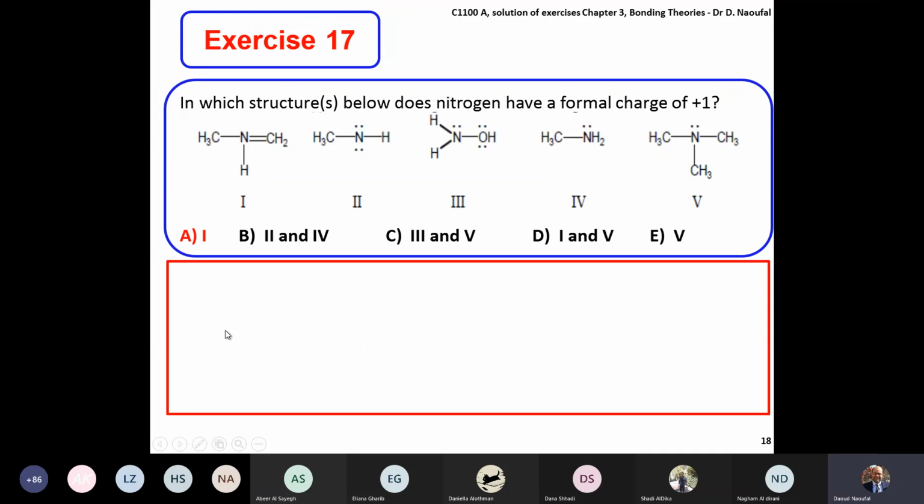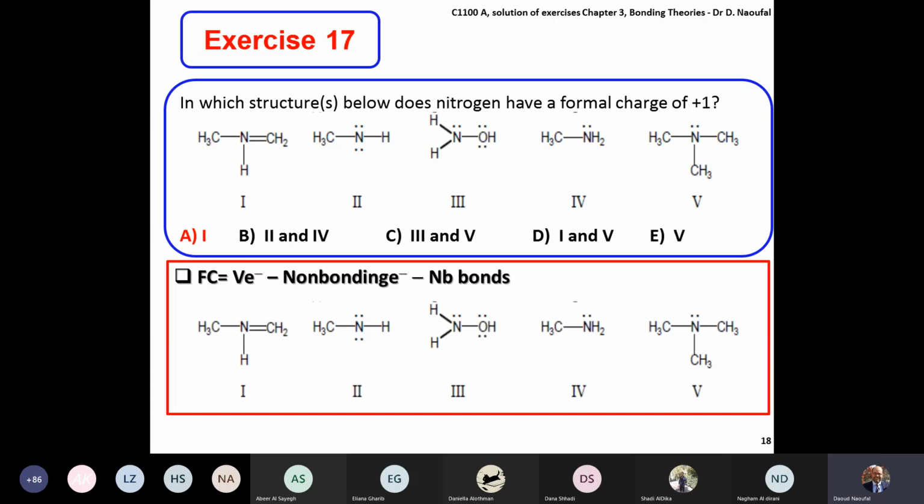Exercise 17. In which of the following structures does nitrogen have a formal charge of plus 1? So I have to calculate the formal charges. In structure 1, the nitrogen has formal charge equal to 5 minus 0 minus 4, so the formal charge is plus 1.